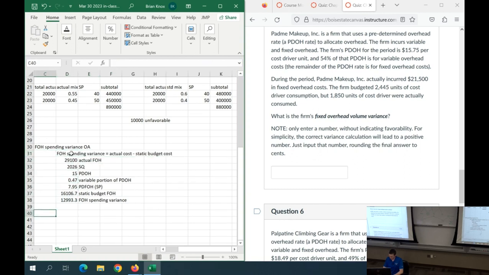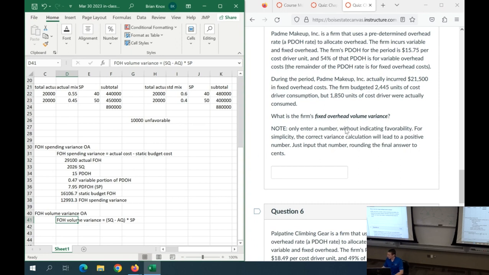Whereas down here in the volume variance open answer question, fixed overhead volume variance equals, in this case, the standard quantity minus the actual quantity times the standard price. So I put those words in there, and I'm going to map them to the different pieces in the question.